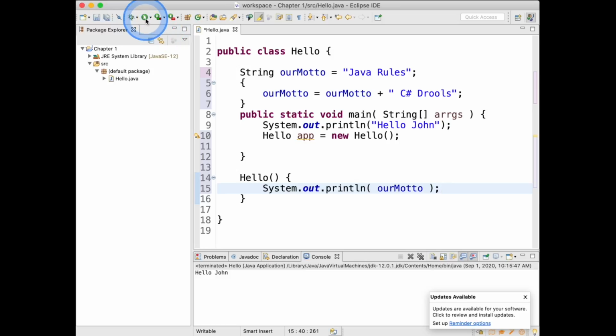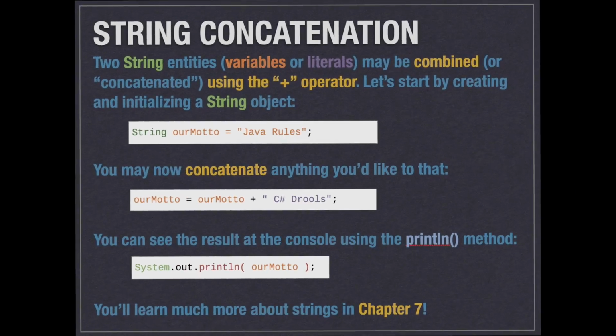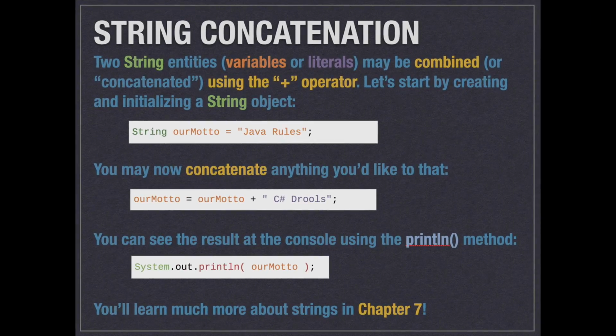So to run it really quickly, we should just see my name and then our motto at the console. We will go over this in detail. I'm following a template for basic Java apps here, which is set up some variables, set up the app, and then in the app, do your actual work.